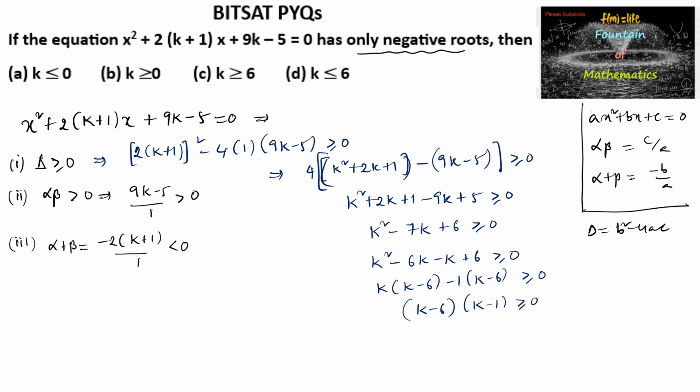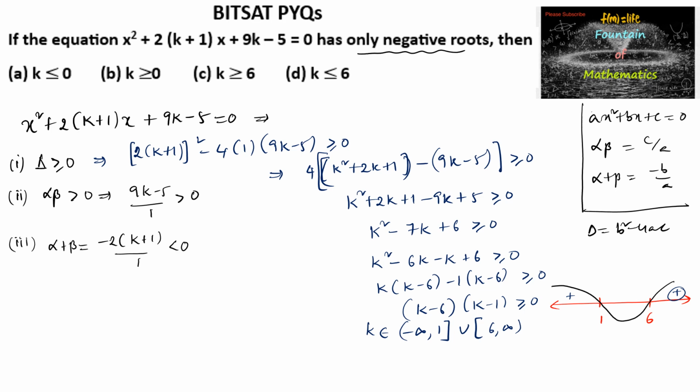By wavy curve method, we can say for k is equal to 1 and k is equal to 6, since it is positive, we can consider k belongs to minus infinity to 1 union 6 to infinity.